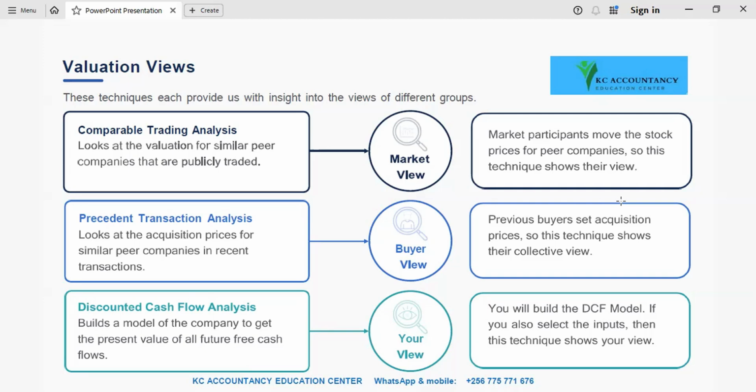Hello viewers, welcome back. We are now looking at various viewpoints of the value of the company. So let's dig in a little bit deeper to understand exactly why we get these differences when we pursue these three different valuation techniques.